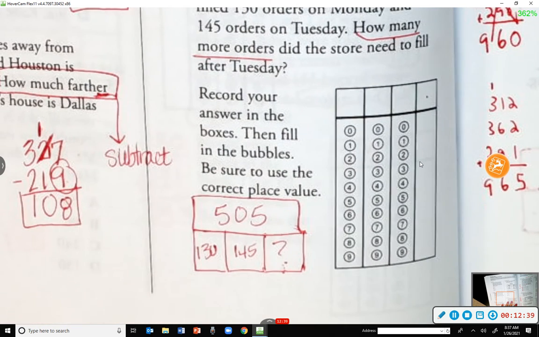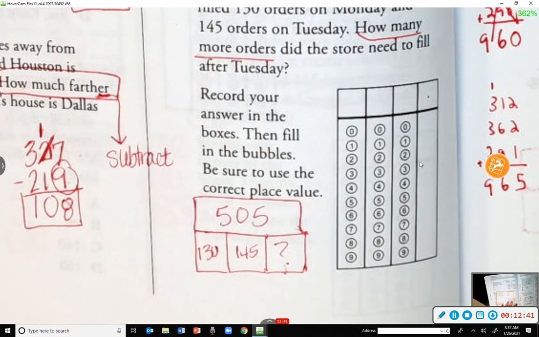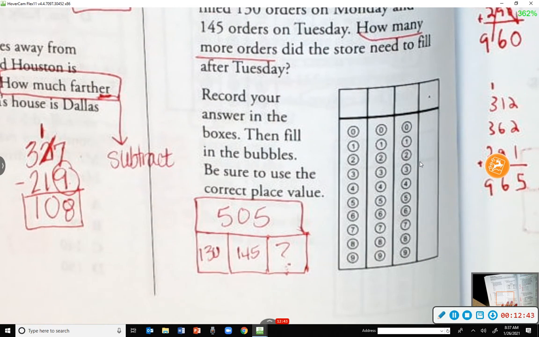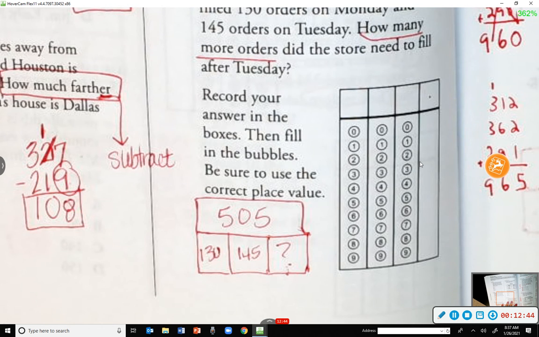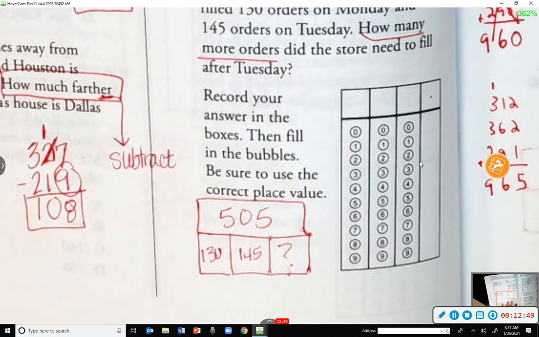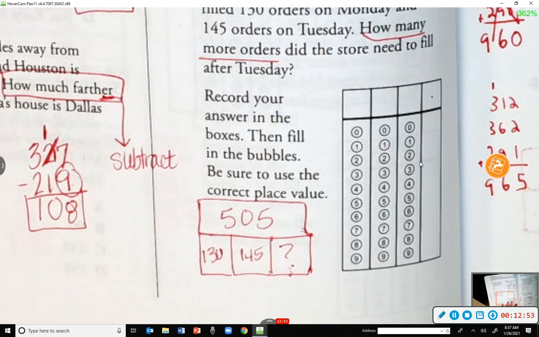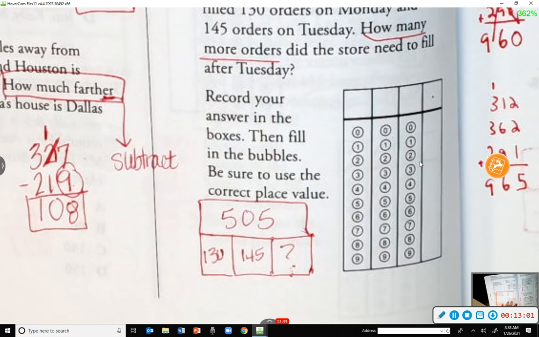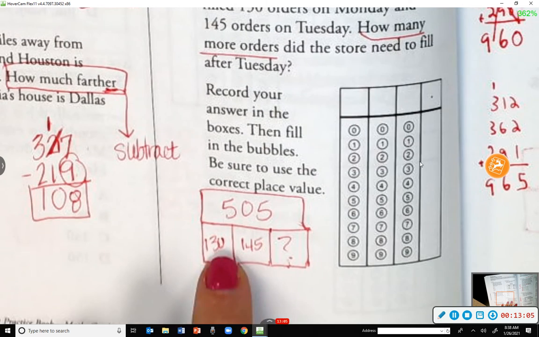Bryson, what'd you do? I subtracted 145 and 130. And then I subtracted the answer of that, which I got 275. I subtracted 275 from 505. Okay, very good. But I think you kind of messed up on your explaining. I don't think you subtracted these two.